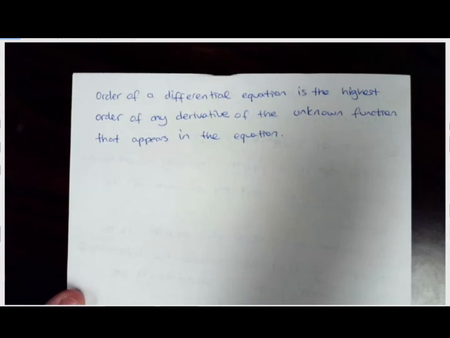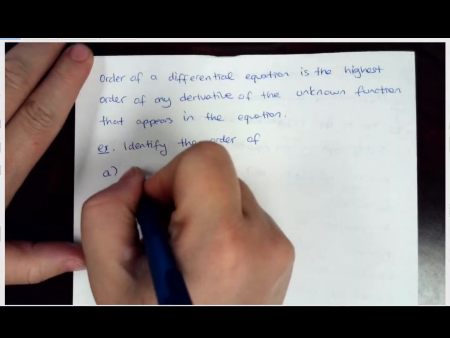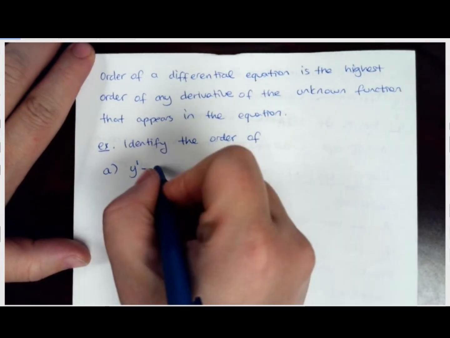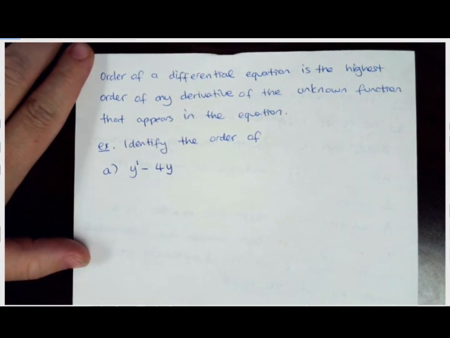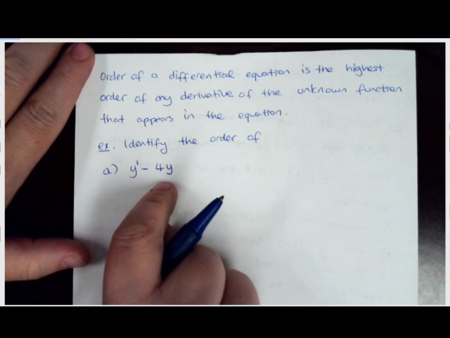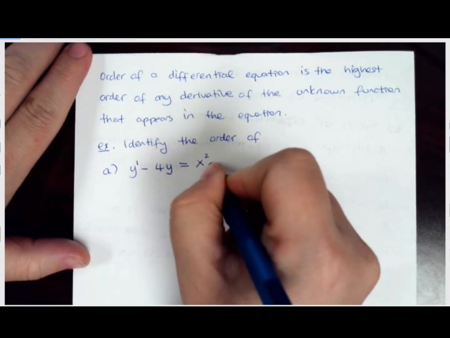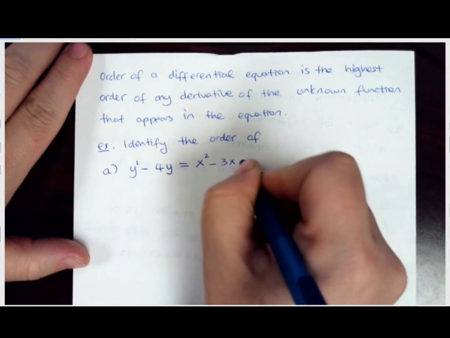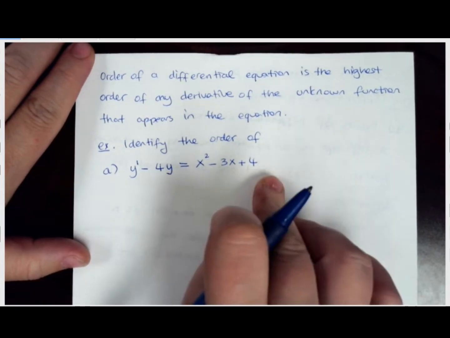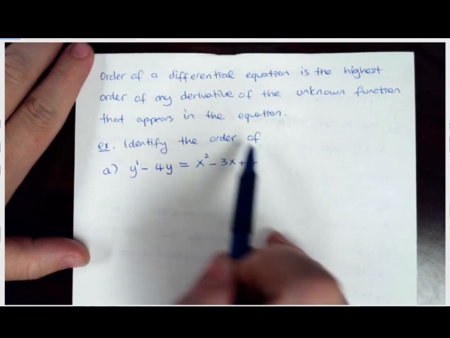Let's identify the order of each equation. y prime, the derivative of y, minus 4 times the function y. If you subtract 4 times the function from its derivative, you get this function in x. We are not going to be solving this, at least not now, but we just want to find the order of this equation.